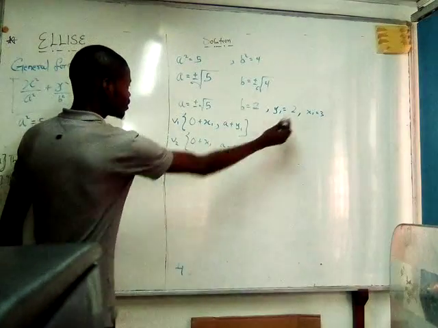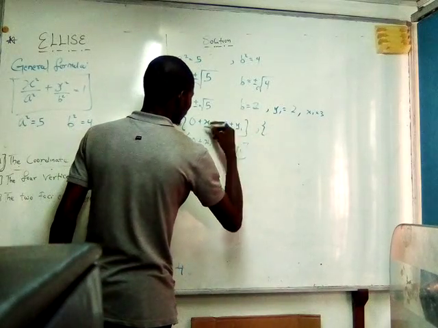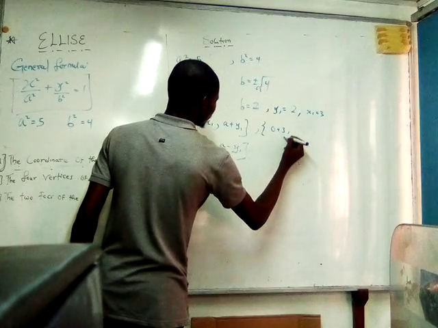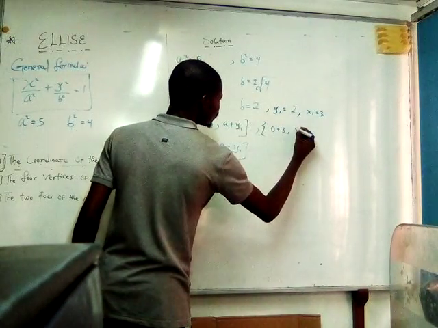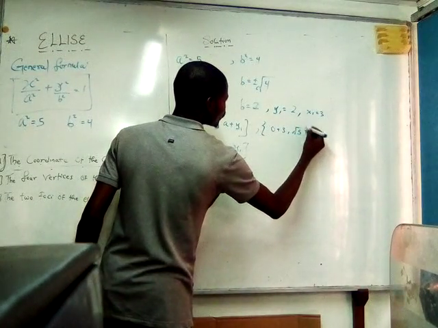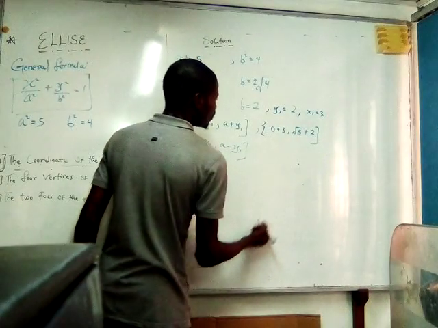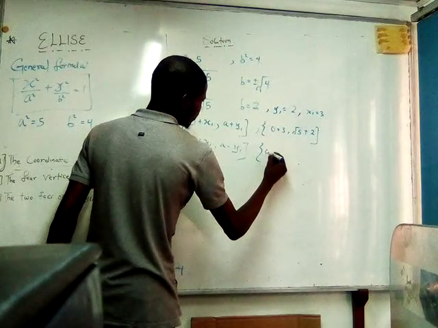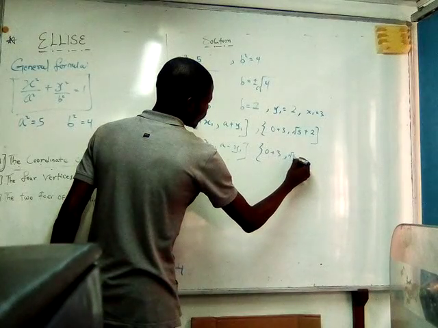Then let's equate the value. This is going to be 0 plus 3, and our a is going to be square root of 5 plus 2. Now we give our answer like this: (0 plus 3, square root of 5 minus 2).